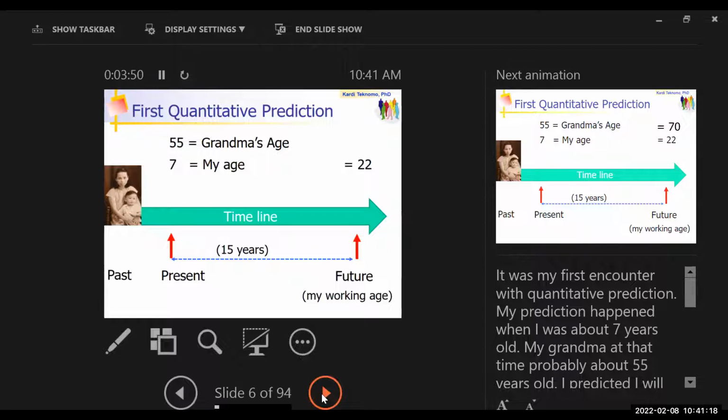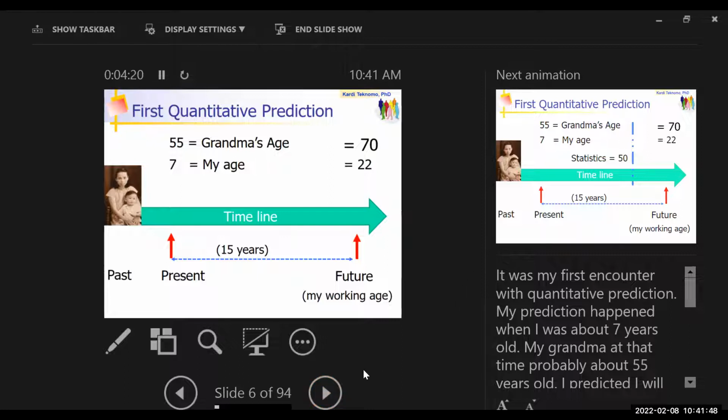So between the present and the future time, the gap is about 15 years, right? So within that gap, 55 plus 15 is about 70, right?